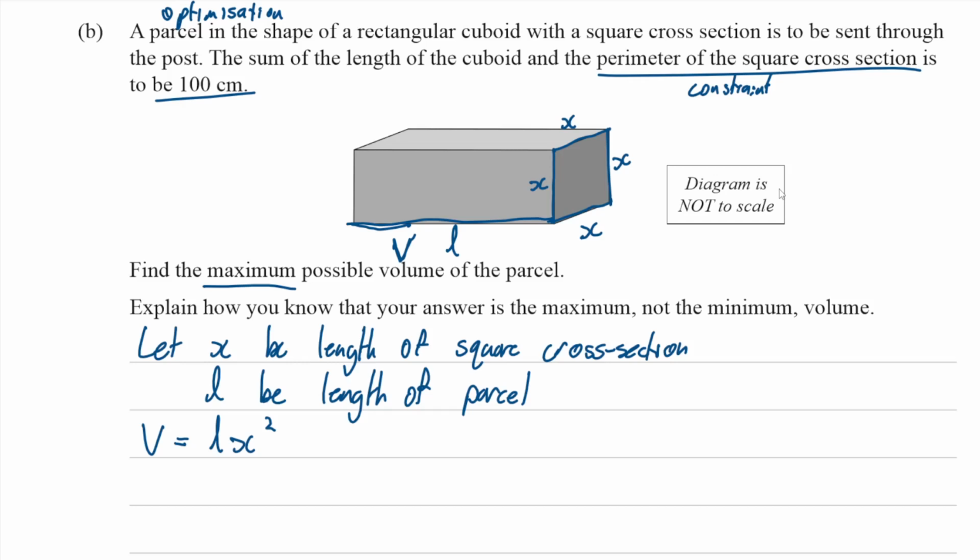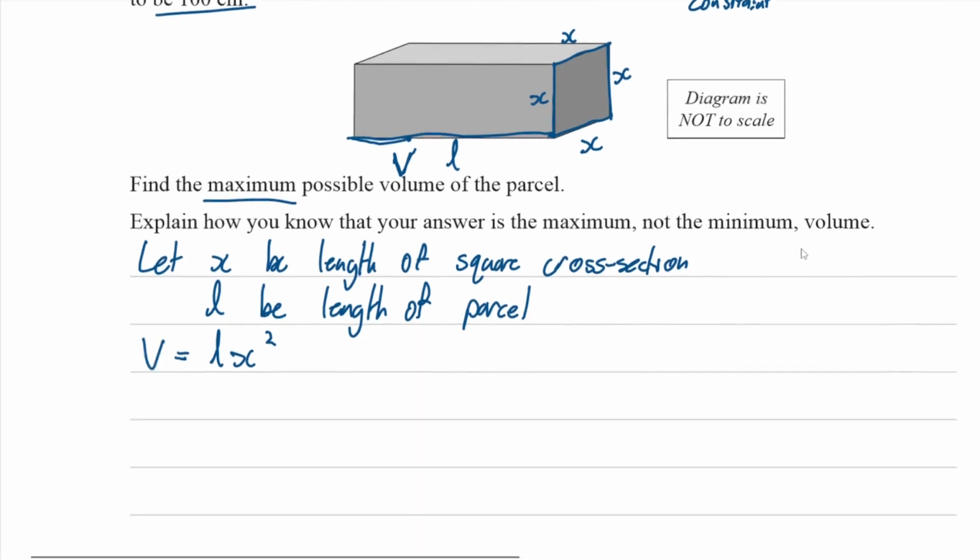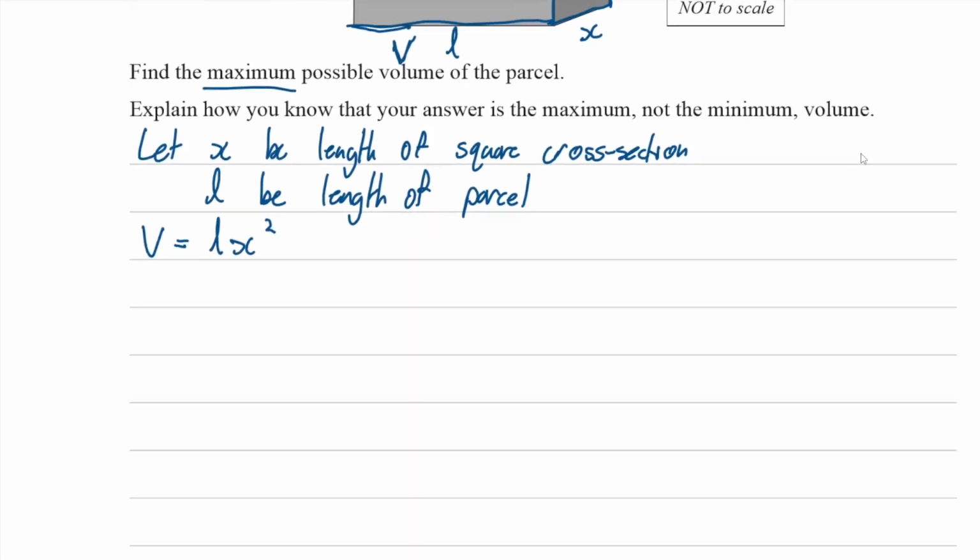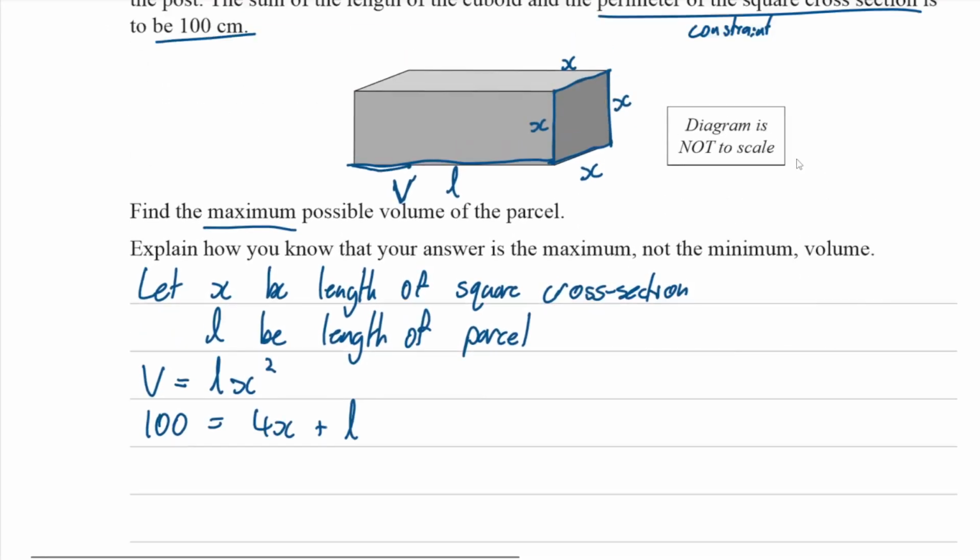Because these two variables are constrained to each other. In this case, the perimeter, 4x plus L, the length, must be 100 centimeters. So 4x plus L must be 100 centimeters.